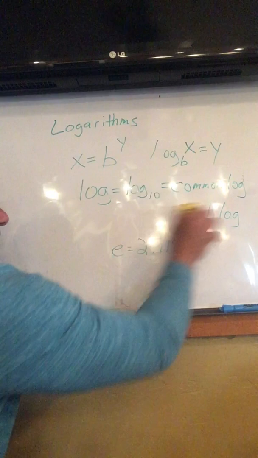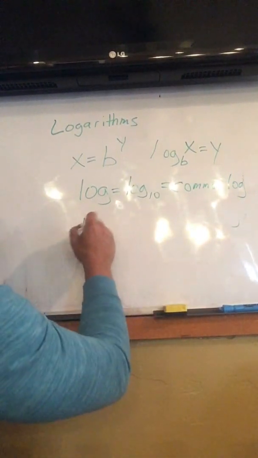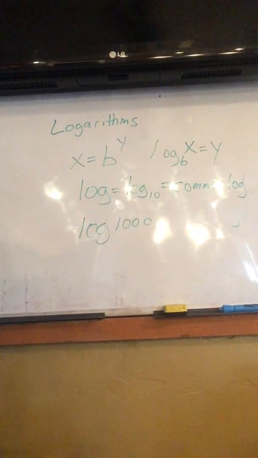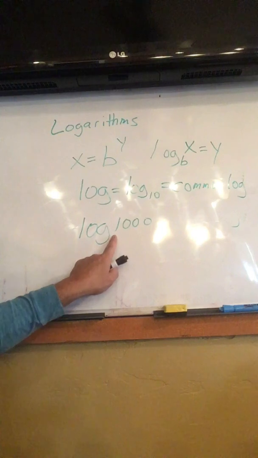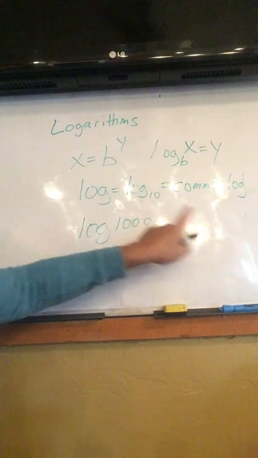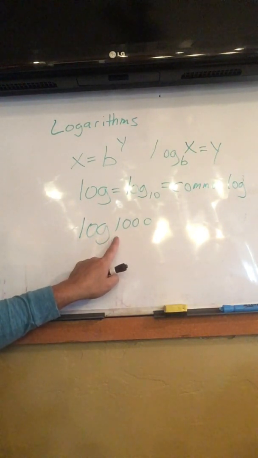So if you want to check that out, let's say the log of 1,000. If it doesn't show a number here, you automatically assume that it's the common log, base 10. So log 1,000, even though there's not a number here, it's base 10.